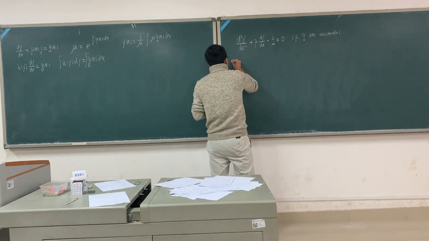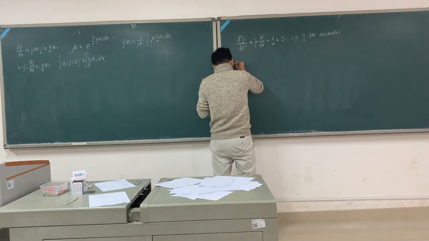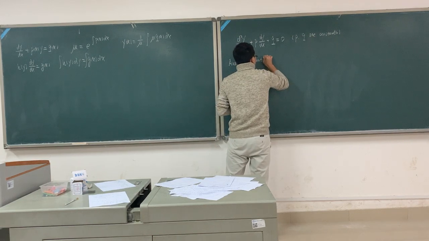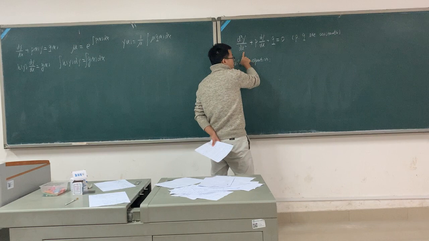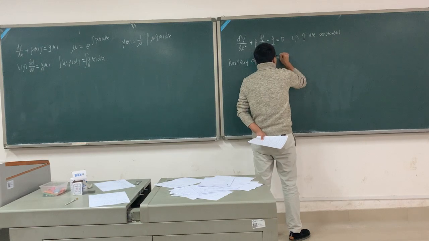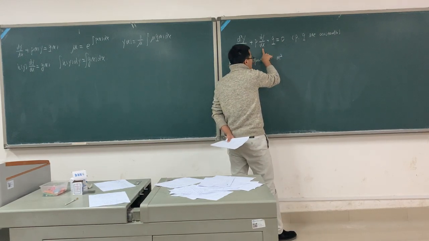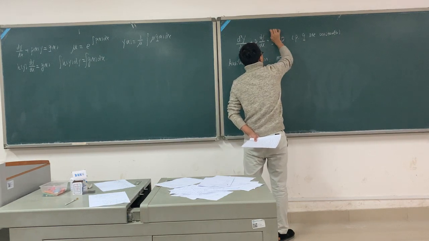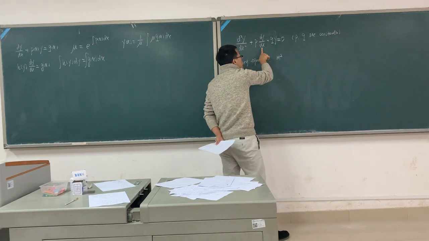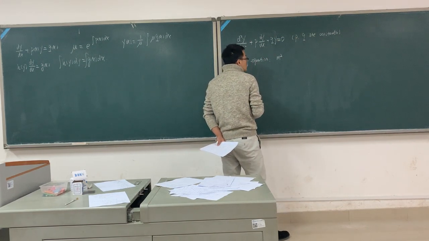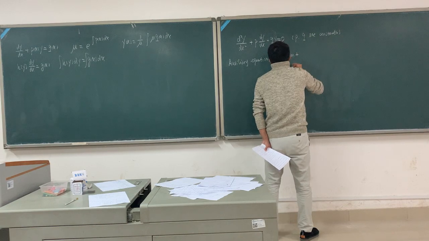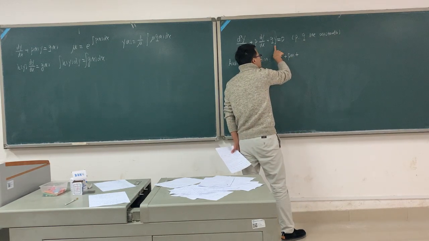auxiliary equation. So the auxiliary equation is we replace the second order derivative by m squared, and we replace the first order derivative by m, so plus pm, and we replace the y by 1.